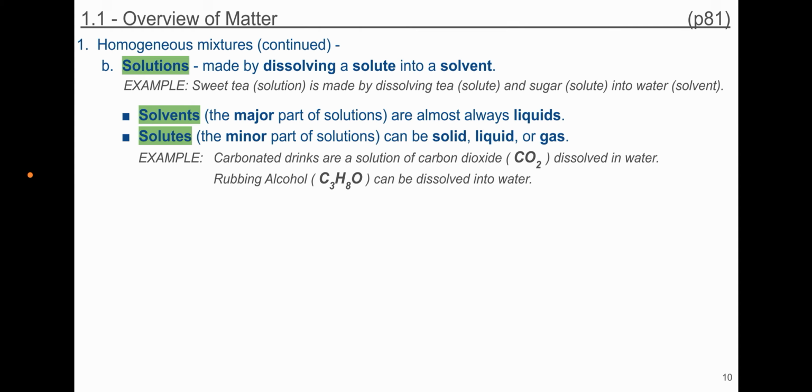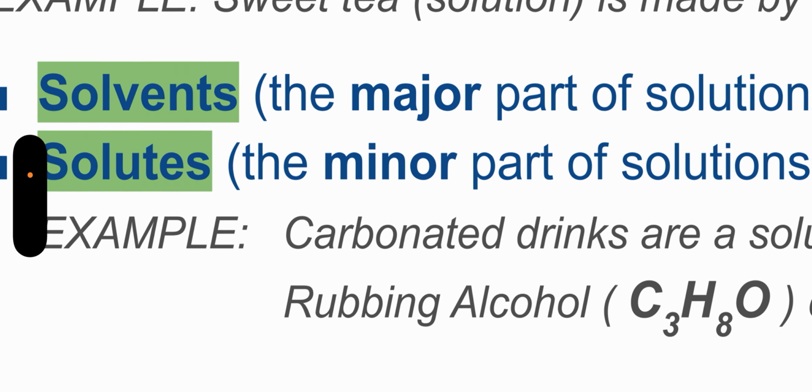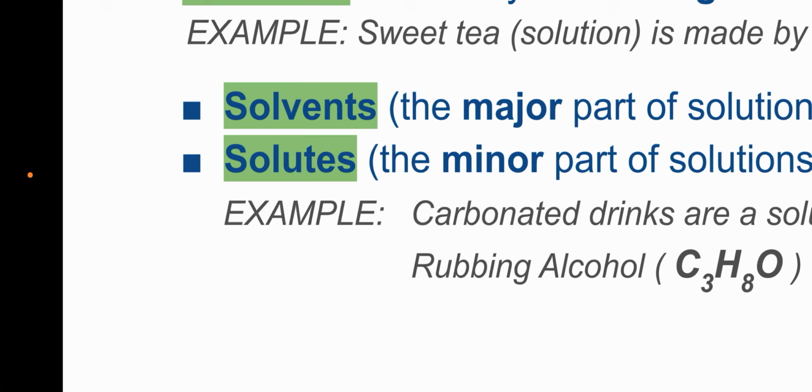Now, for these three terms, solutions, solvents, and solutes, those words are very similar to each other. So if you're just now learning them, I know for me, my brain would probably get some of them backwards. And so here's a little way to help you keep track of it, especially these two right here, solutes versus solvents. So solute is the minor part of solution, or the less part, whereas solvent is the major or the more. And the way I keep that straight is if you look at the words solute and solvent, solute has one less letter in it than solvent.